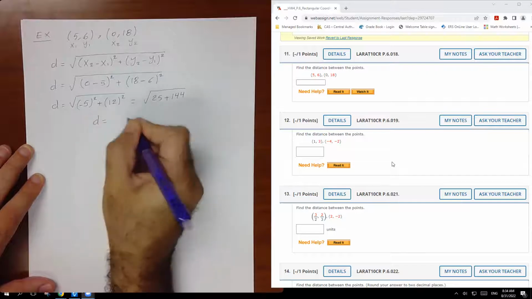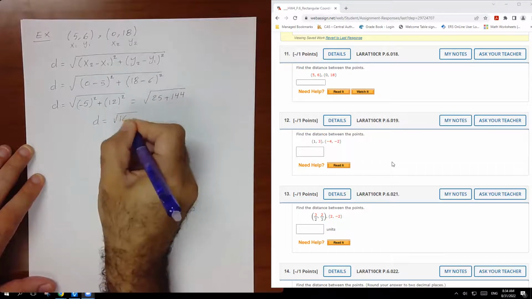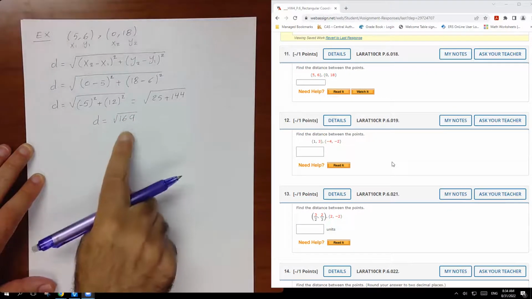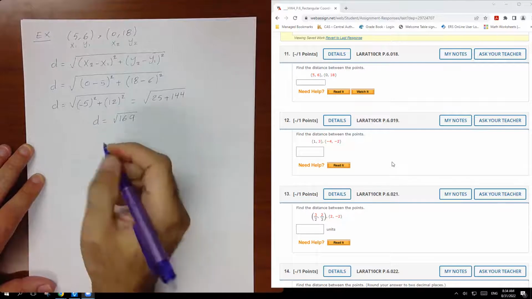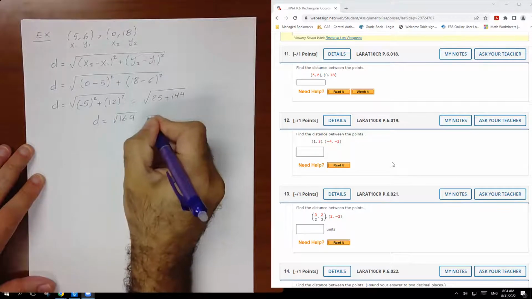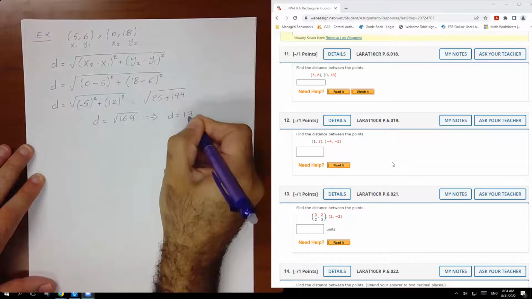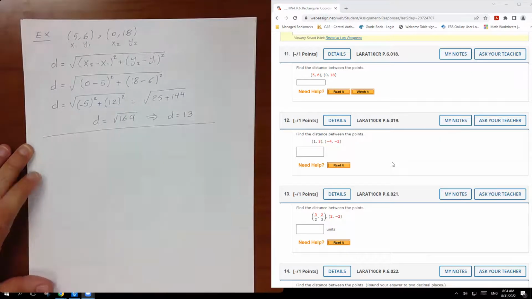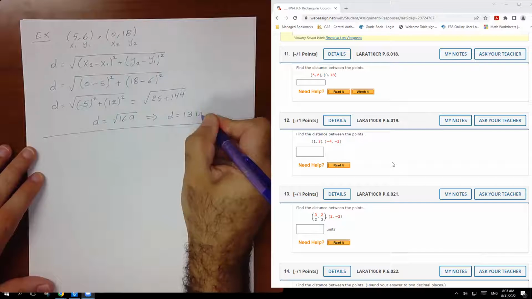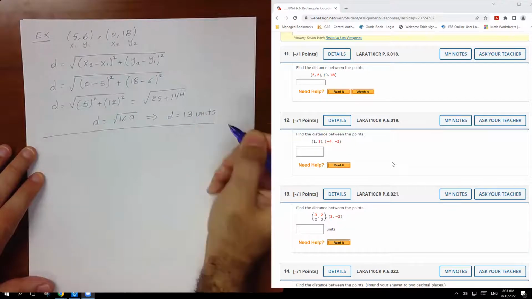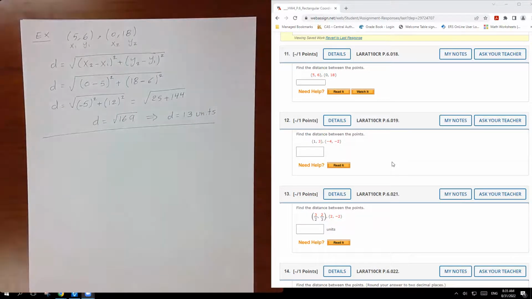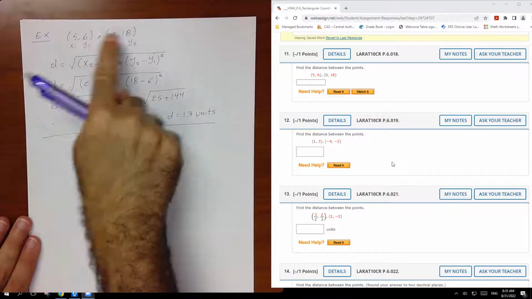The distance is going to be the square root of 169. What's the square root of 169? 13. 13, perfect. So the distance is going to be 13. That's it for this example. And don't forget the units. That means the distance between these 2 points is 13 units.